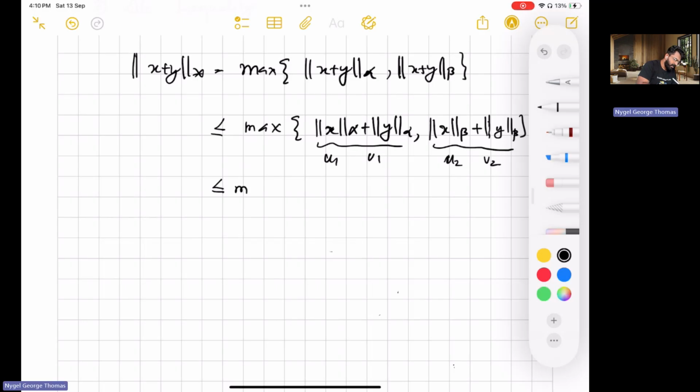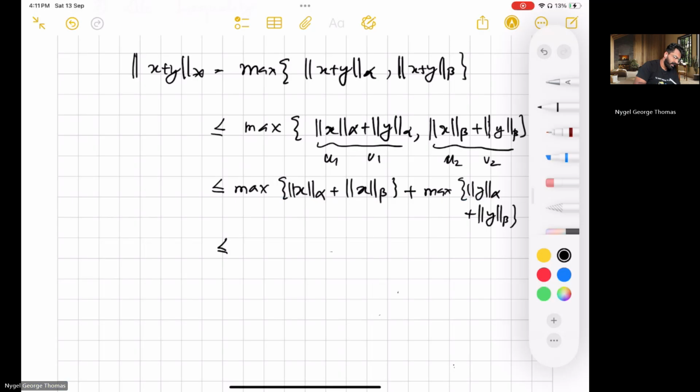Using this property, and with just some manipulations, this is the max of the alpha norm plus the max of the beta norm of y, which is again less than or equal to the norm of x star plus the norm of y star.